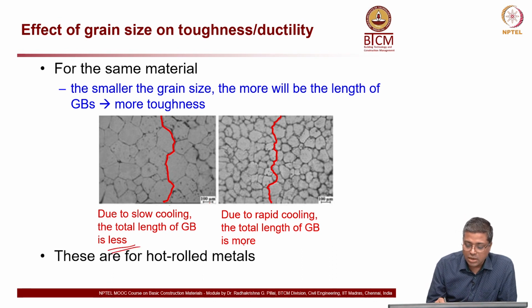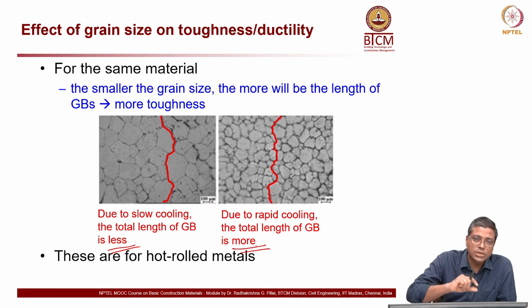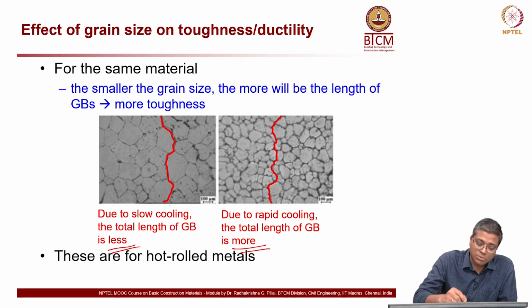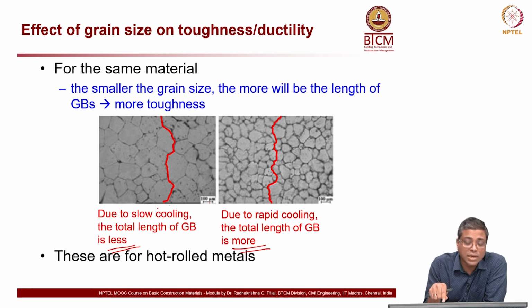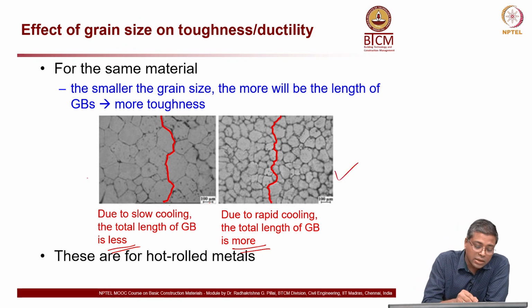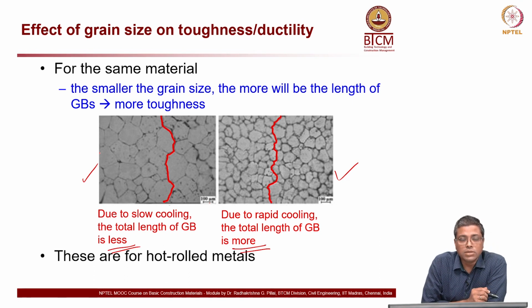This is less and this is more. Because when you have larger grain size, the actual length if you just follow the grain boundary, not the displacement from one point to the other but the actual length, will be more in the case of a smaller grain size, that is this, than in this case. So, the larger the grain size, the shorter the length of the grain boundary.